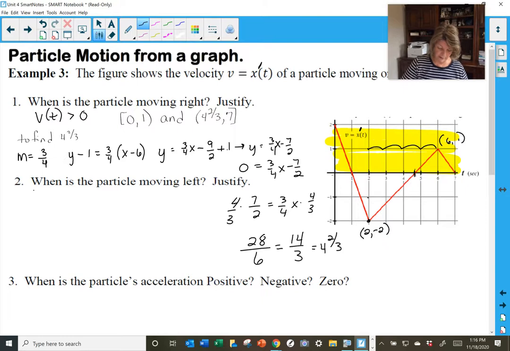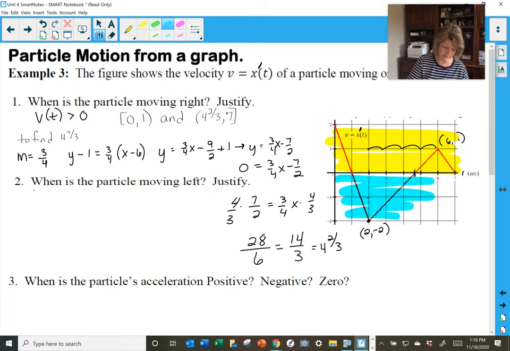All right, when is the particle moving to the left? Well, that's a nice question. I like that question. Moving to the left when velocity is less than 0, which is when it's below the x-axis. So let's go name those. It looks like it's just one interval, doesn't it?